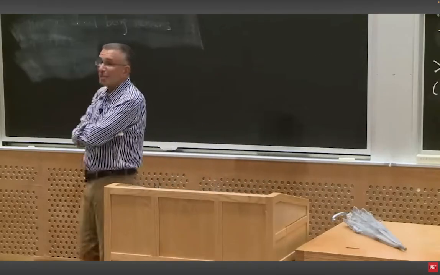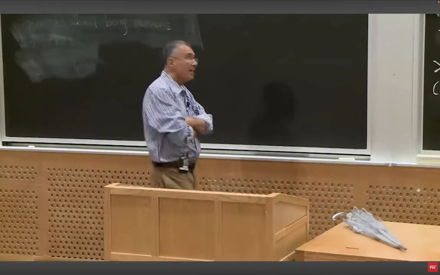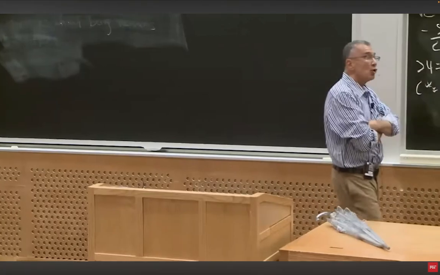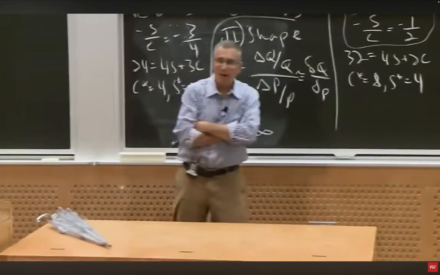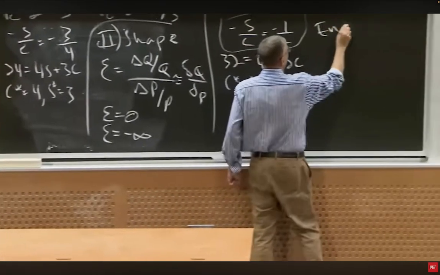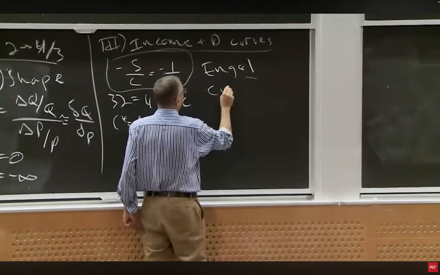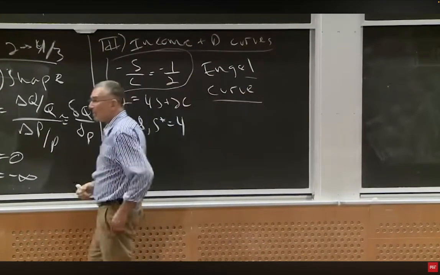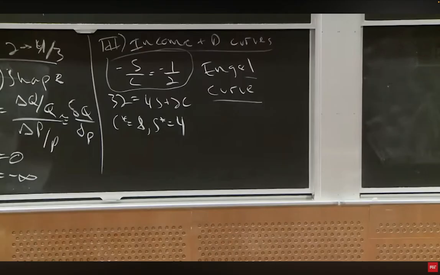What does that lead us to? That leads us to a relationship between your income and the quantity demanded. And that relationship is shown in the second panel of figure 4.4. We call this the Engel curve, the name for the relationship between income and quantity demanded.